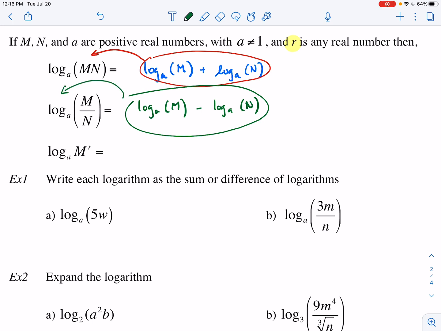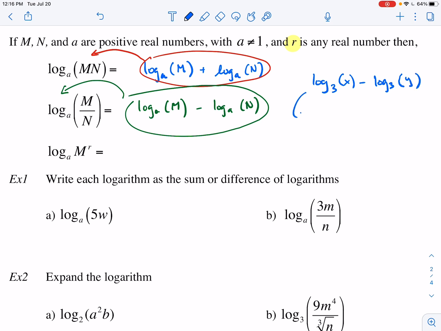One of the common mistakes is when students go from right to left, or the expanded form to the compressed form. Suppose we have something like this here, log base 3 of x minus log base 3 of y, for example.